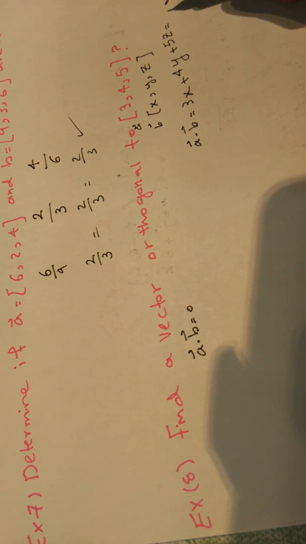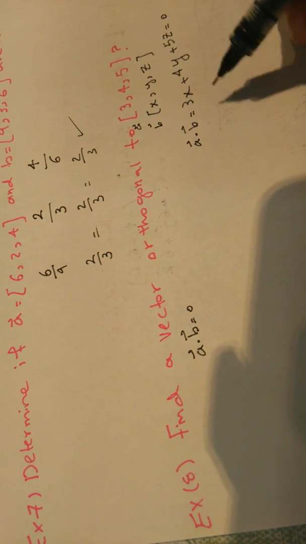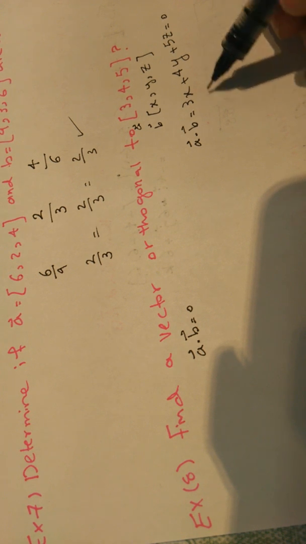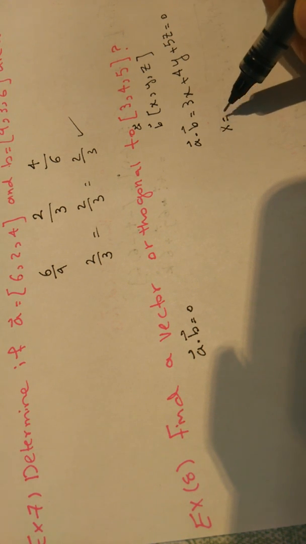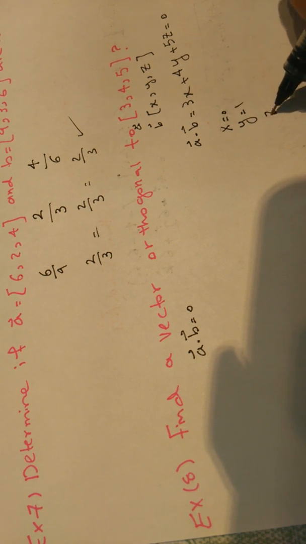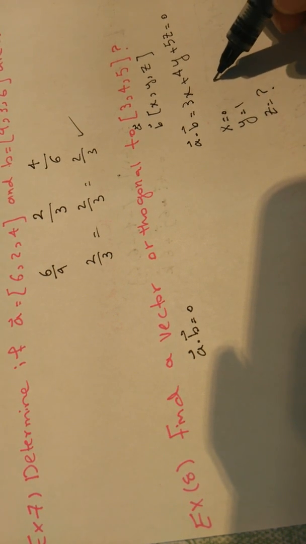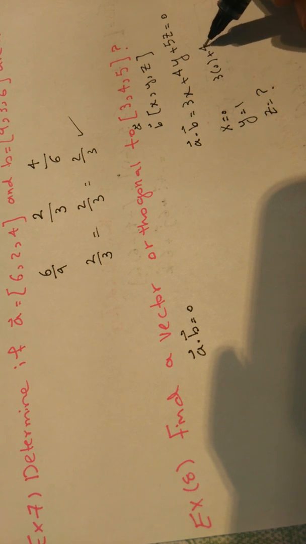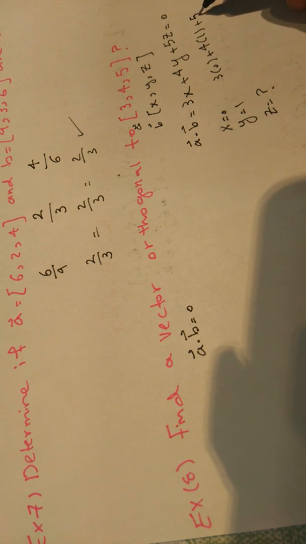I need to equal it to 0. Now, I know that if I put x equal to 0 and y equal to 1, I just set these two numbers, then I solve for z, right? So it's going to be 3 multiplied by 0 plus 4 multiplied by 1 plus 5 multiplied by z is equal to 0. 4 plus 5z equal to 0. So you solve for z, that's negative 4 over 5.